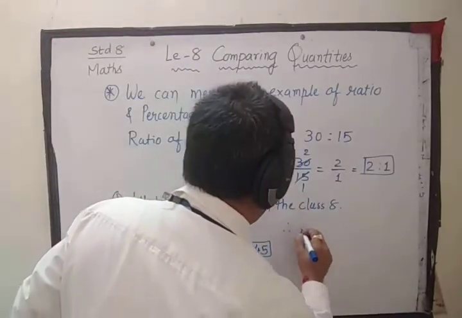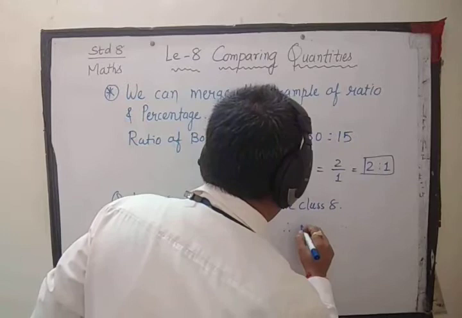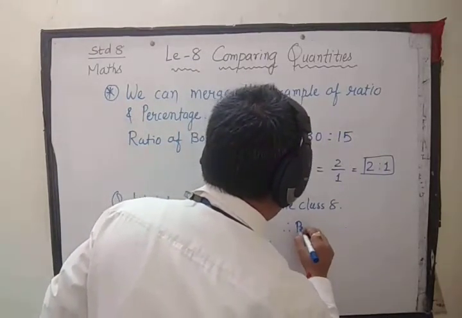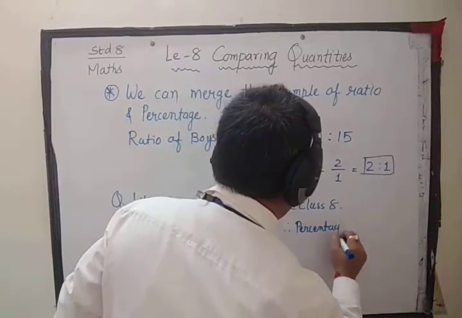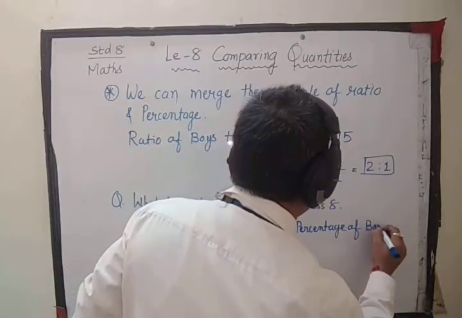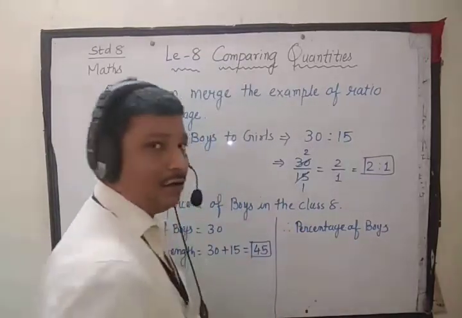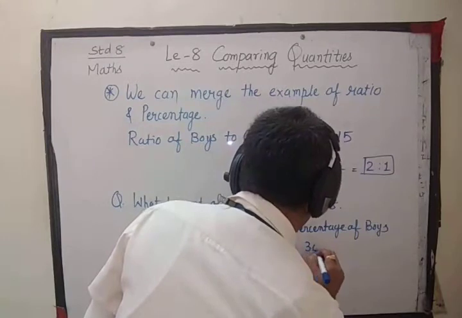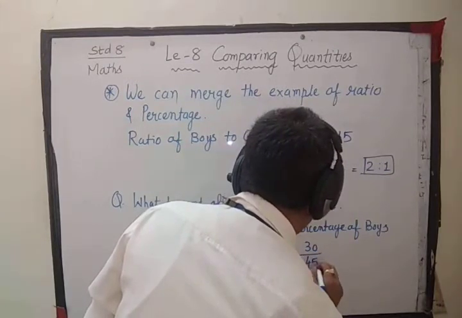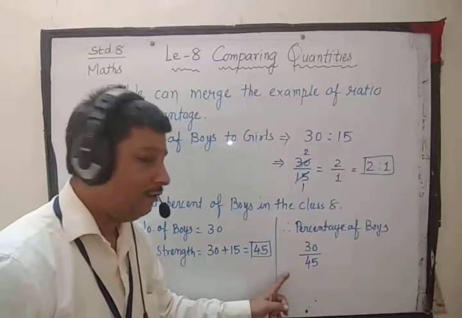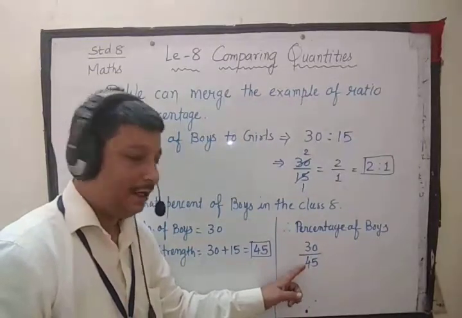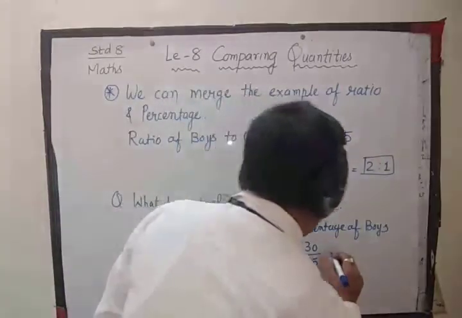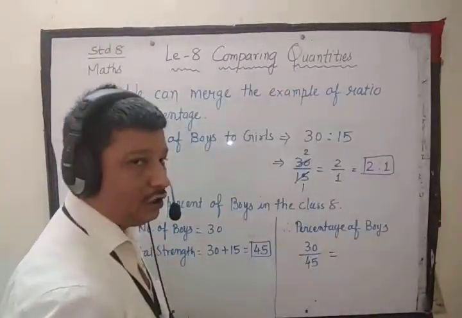Therefore, percentage of boys in the classroom is 30 out of 45. We can write like this in fraction form: total is 45 and 30 boys. Now we can convert this fraction into percentage.